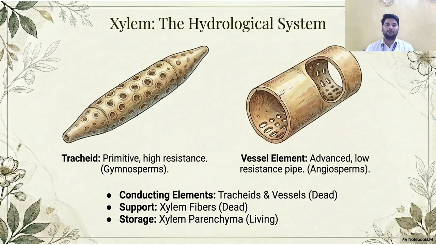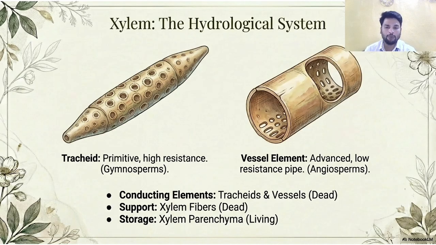A picture of the xylem, the hydrological system, because they carry water; that's why they are known as a hydrological system. Tracheids have tapering ends, which is a primitive, high-resistance design present mostly in gymnosperms and almost all flowering plants. The vessel element has perforation plates, which are advanced, low-resistance pipes in angiosperms. The two conducting elements in the xylem are dead and lignified, like tracheids and vessels.